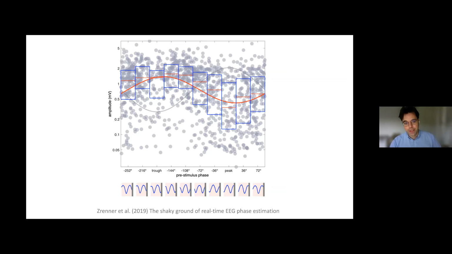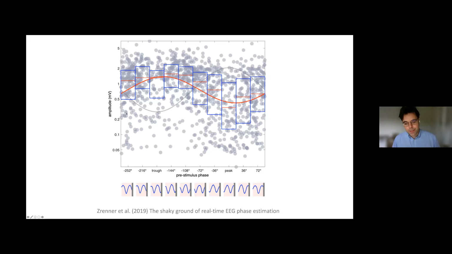Okay, so what evidence do we have that these fluctuations in the oscillation actually play a role? And this is really the main result that gives us confidence that brain state gives us a window to what the cortex is doing in terms of excitability.